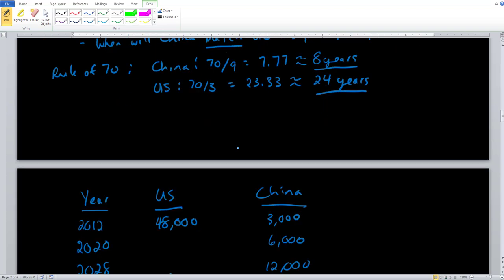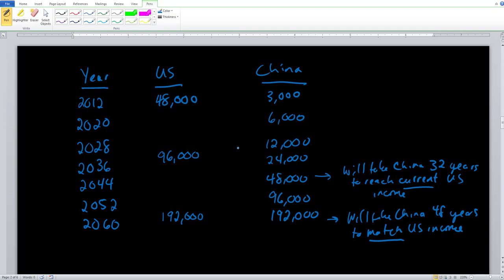But with the rule of 70, as we can see right here, if everything does hold, we should expect US and China to be exactly equal in terms of GDP per capita in the year 2060. So exactly showing you exactly why small differences in economic growth can lead to huge differences in a very short amount of time. It takes China only 48 years, less than 50 years, to essentially match up with US GDP per capita.